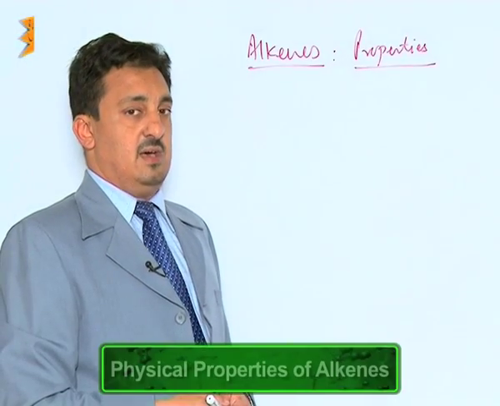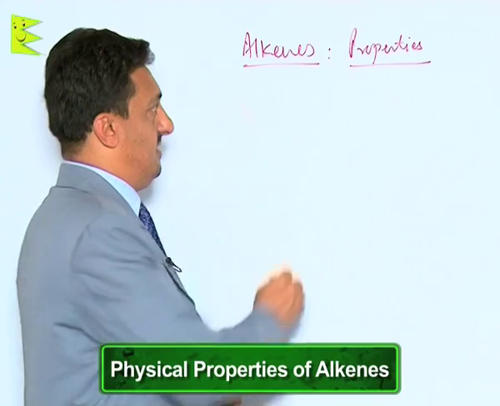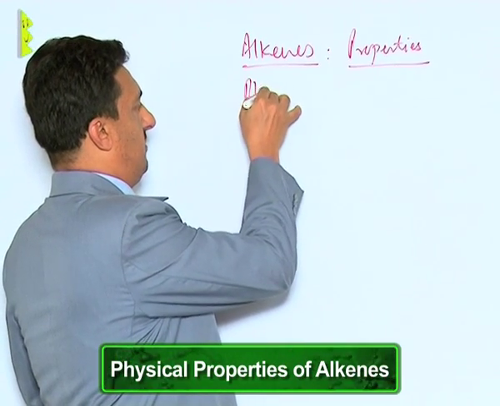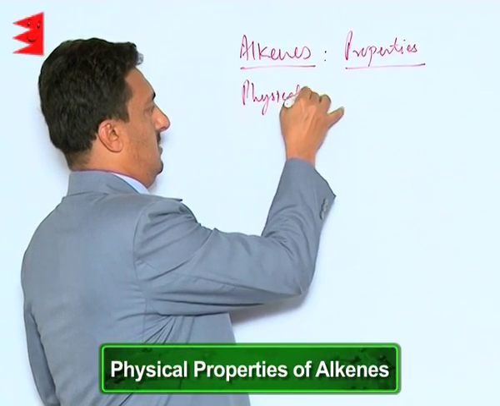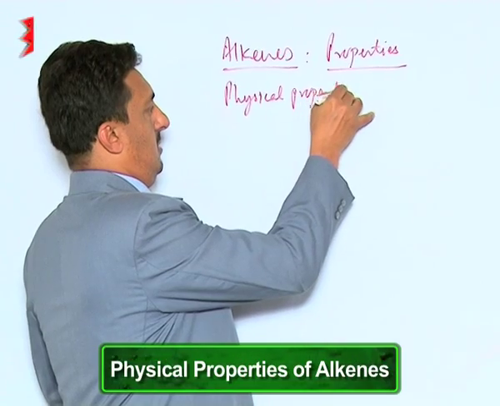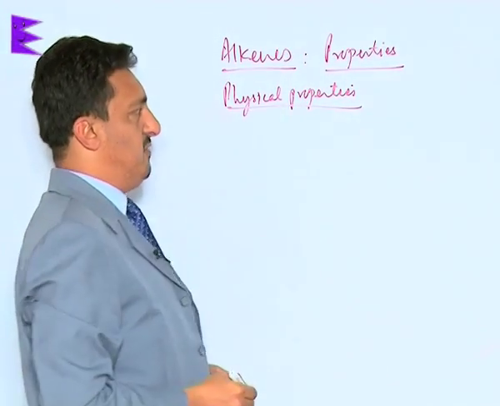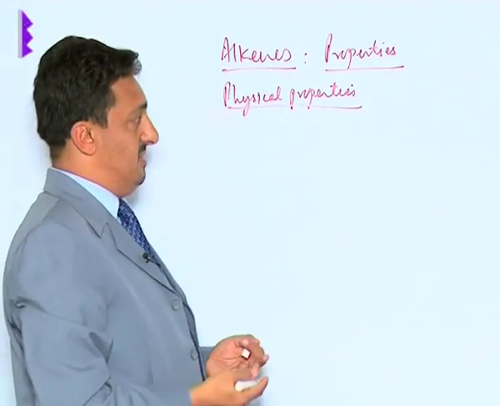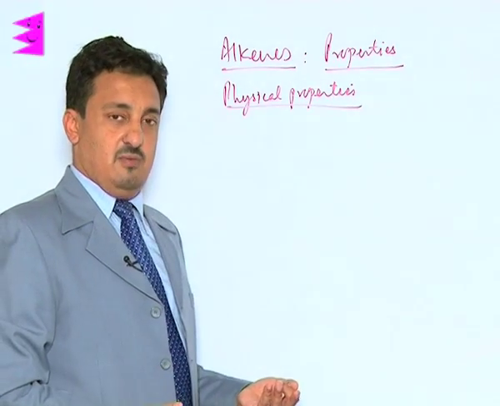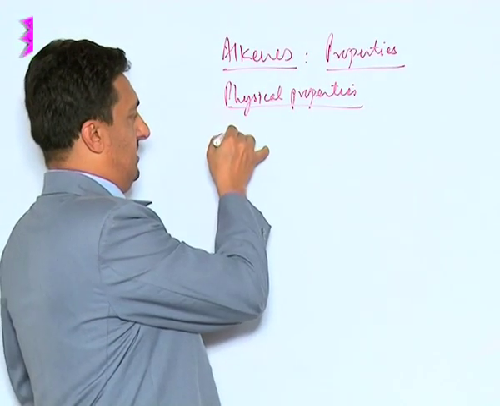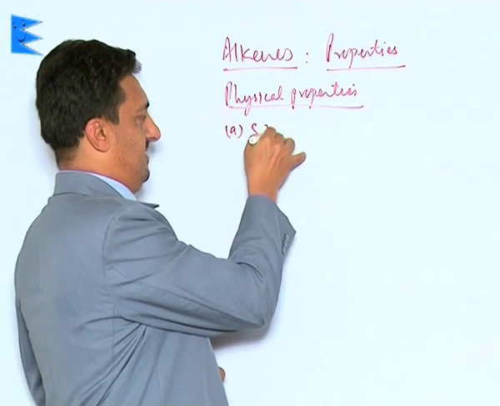Now let us see the properties of alkenes, and we will see first the physical properties. In the list of physical properties, we know that almost their properties are very similar to those of alkanes. Let us first discuss their state.